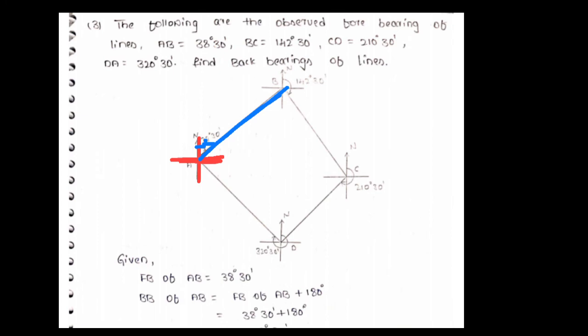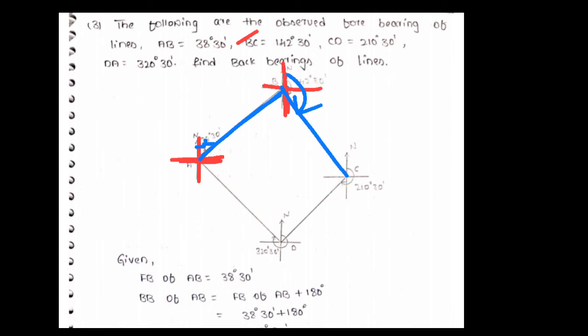Then at point B, one more coordinate system is generated. For line BC, the angle is 142 degrees 30 minutes, which lies in the second quadrant. That's why in the second quadrant we draw one more line with angle 142 degrees 30 minutes.